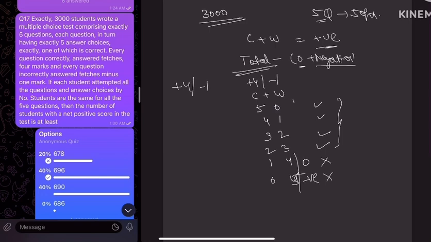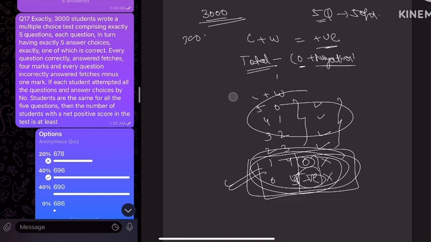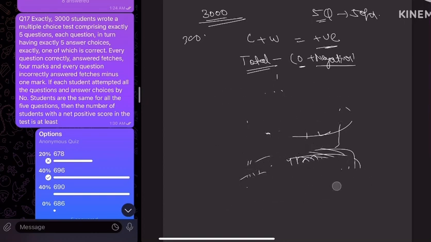So we have 4 cases on one side and only 2 cases on the other, so it will be faster to calculate the latter. For that reason, from the total we are subtracting this. Total means 3000 students, and the number of students scoring 0 and negative we will calculate and subtract.